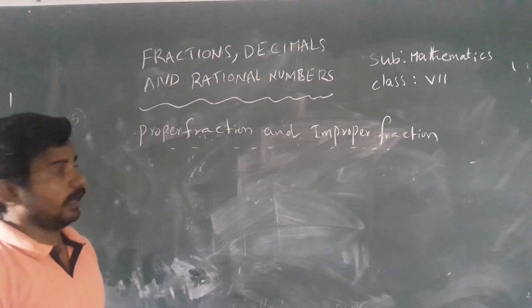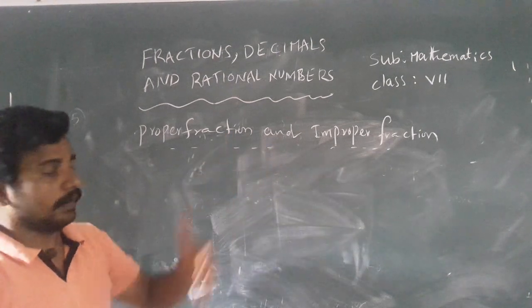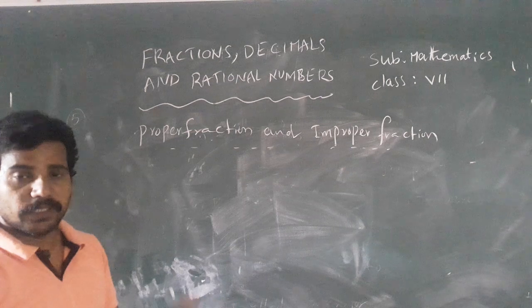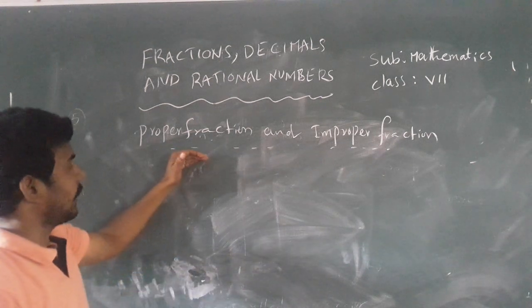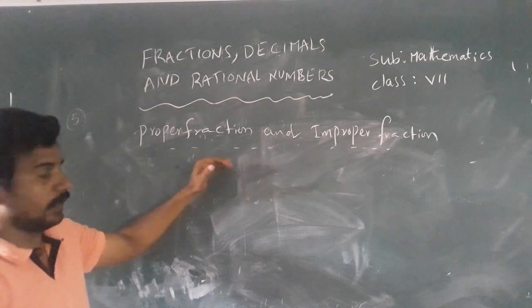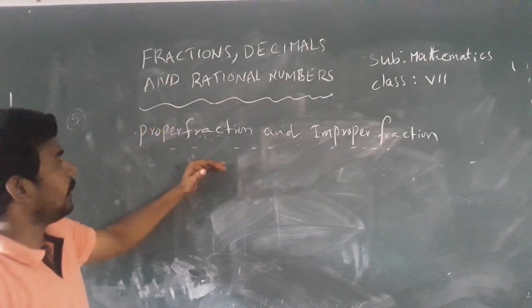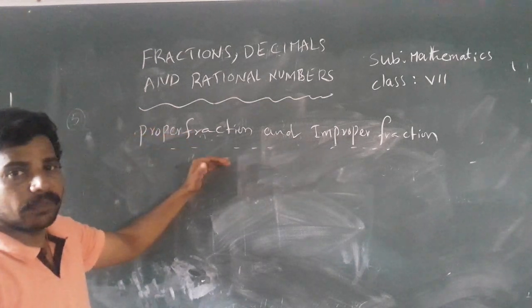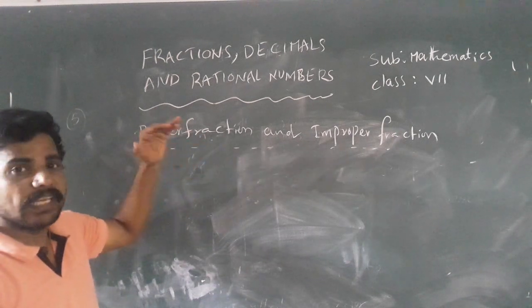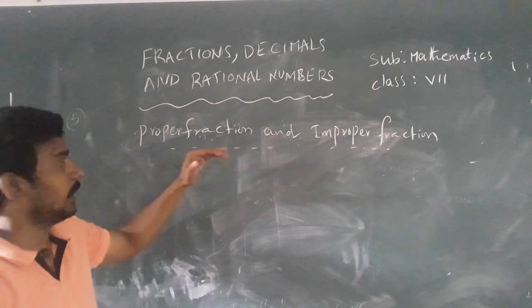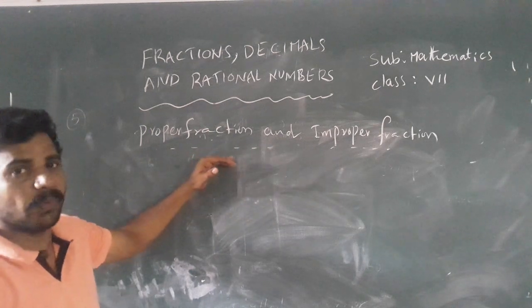Already we have learned about proper fractions and improper fractions in the bridge course, in previous classes. So what does proper fraction mean? A fraction having a numerator that is less than the denominator. These types of fractions are called proper fractions.